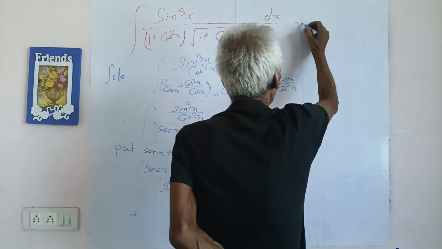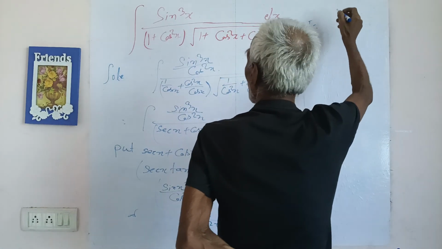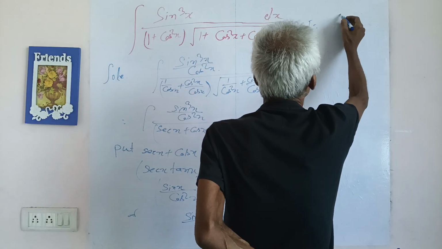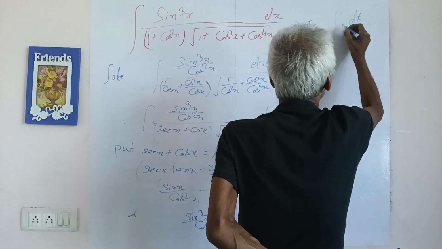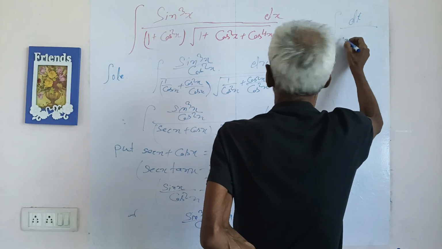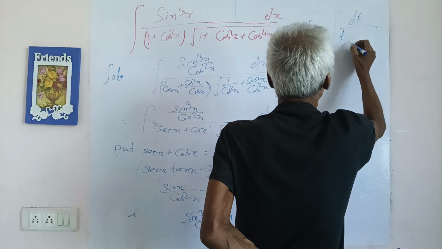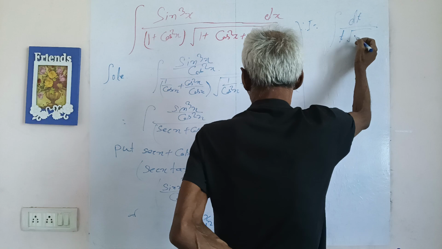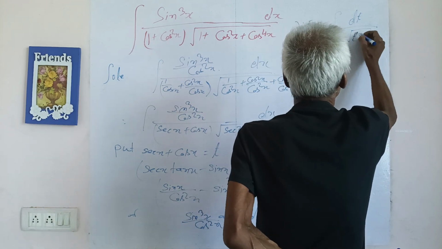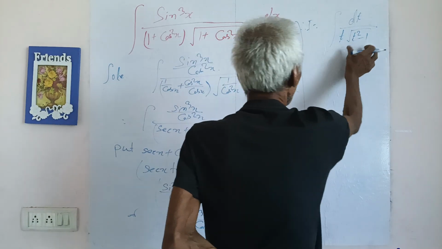Now therefore I is equal to dt by t into root under t square minus 1. Now how?